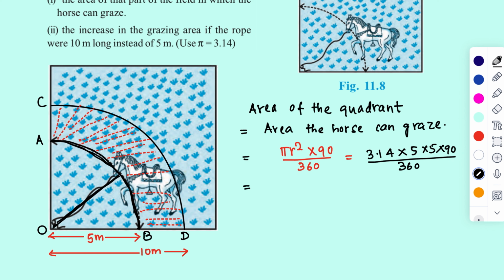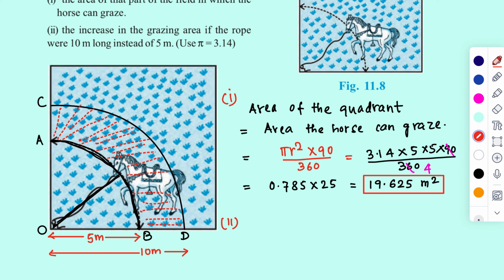So this will be equal to 3.14 divided by 4, that is equal to 0.785 multiplied by 25, which is equal to 19.625 meter square that the horse can graze. This is the first part.